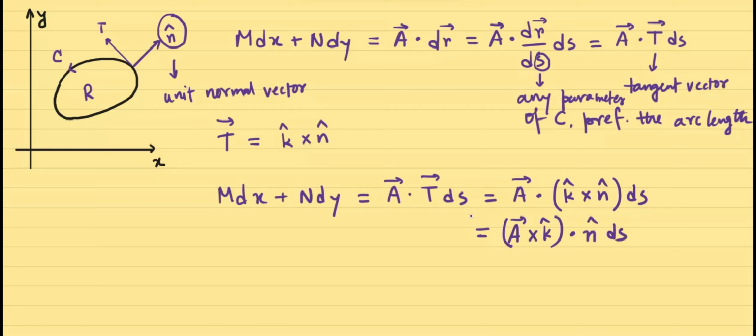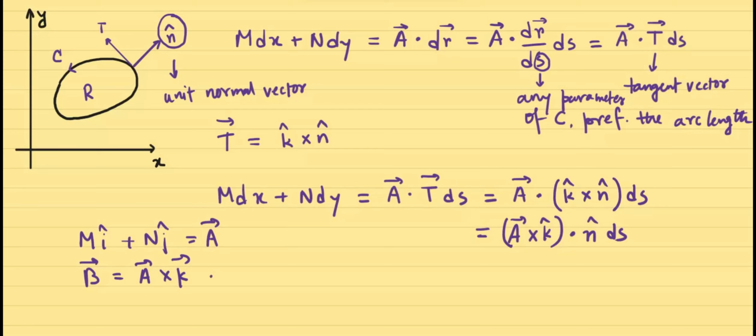So if we say, alright, m i hat plus n j hat equals A, let me write it down. And of course we're going to say what B is. B is another vector which we define to be A cross k.